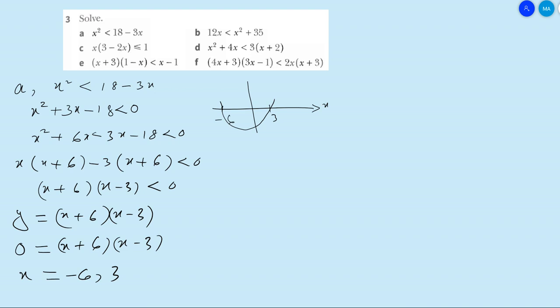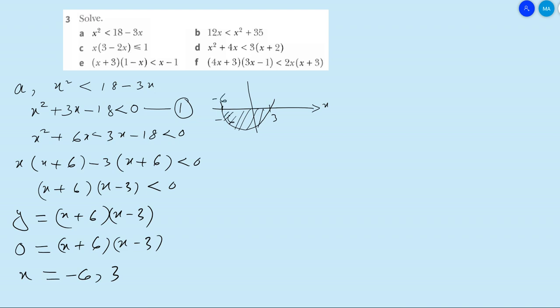As you know, in this equation number 1, the quadratic expression x square plus 3x minus 18 is less than 0. Less than 0 means we need the area which is below the x-axis. So this is minus 6.